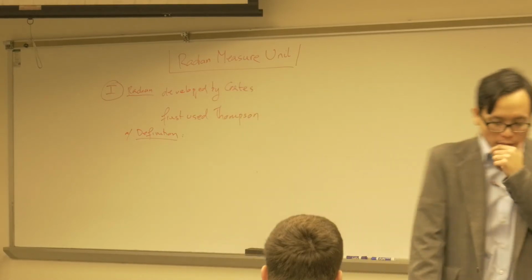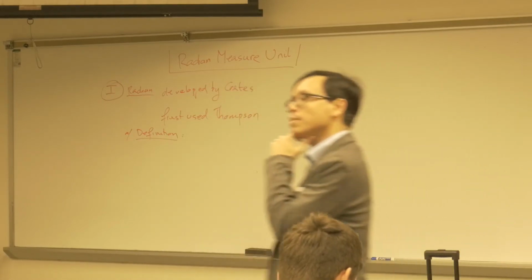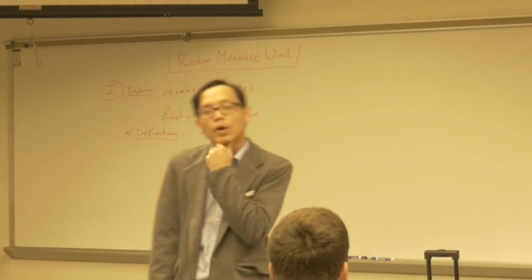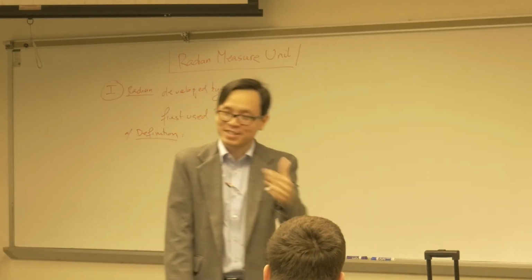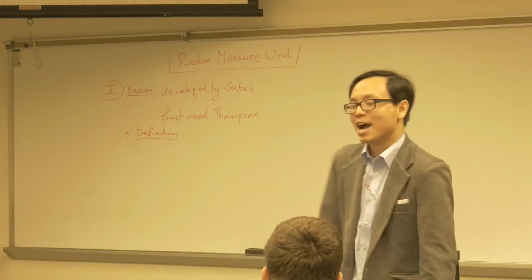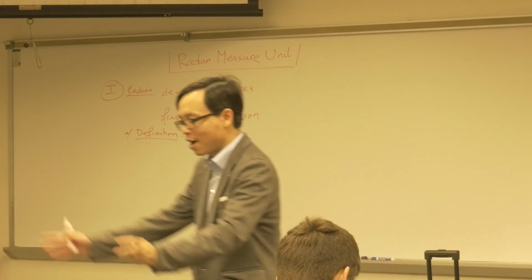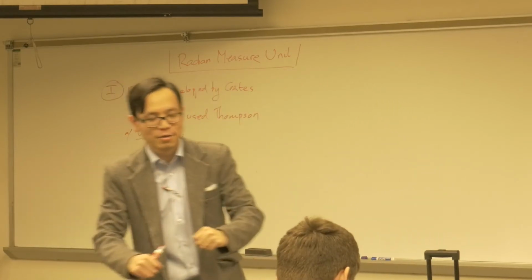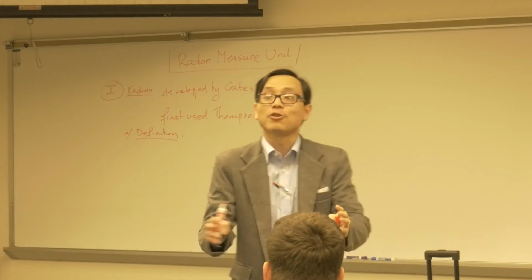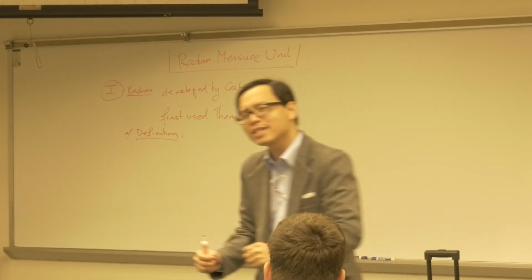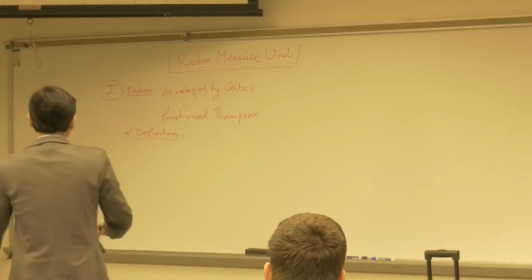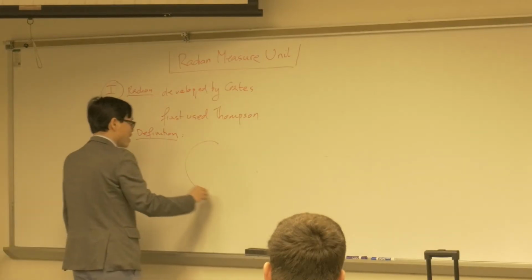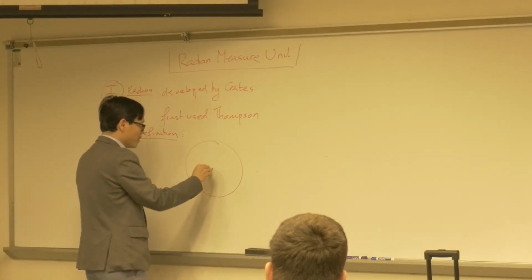Okay, we know radian belongs to the circle, but what does it mean mathematically? I don't know if you guys remember when you had geometry in high school. We have to go back to high school one more time. You learned about the circle, right? And you learned about the central angle of the circle. What is a central angle? Anybody remember? I have the circle like this, and I have the center like this.